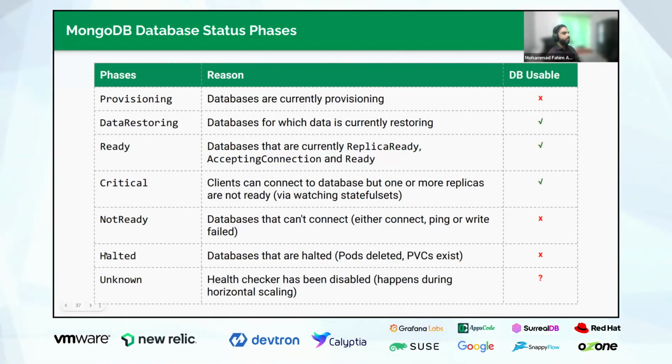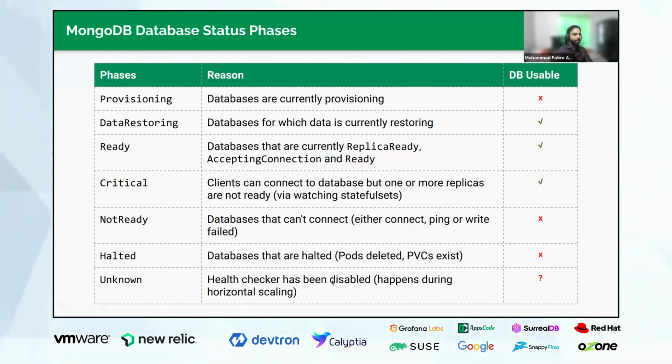When you resume the database from halt, all of your pods come back and claim those PVCs, and you can use your things as is. So you can save up your resources when you are not using them, but you can still have your data by halting your database.